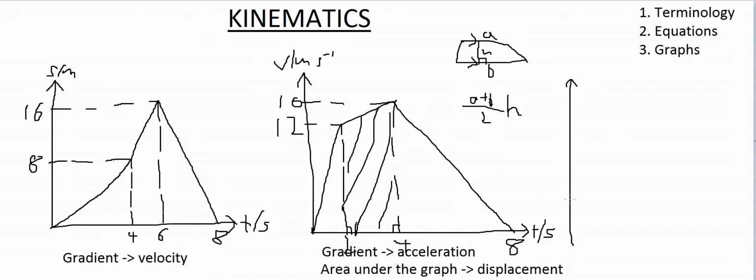The last graph you need to know is the acceleration time graph. Due to space constraints, I'll not write the time thing there. So this is basically what it could look like.